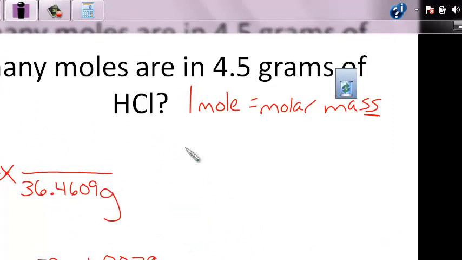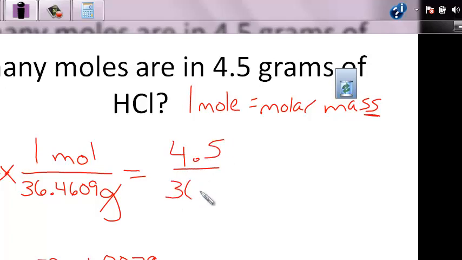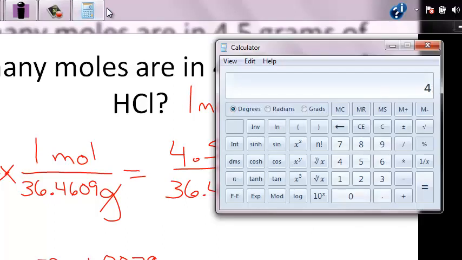Okay, now this is equal to what? It's equal to 1 mole. So we're going to put 1 mole on the top. Now you can abbreviate mole, M-O-L. I know you drop off one letter. How exciting, right? 4.5 times 1, 4.5, divided by 36.4609. Okay, handy dandy calculator. 4.5 divided by 36.4609.